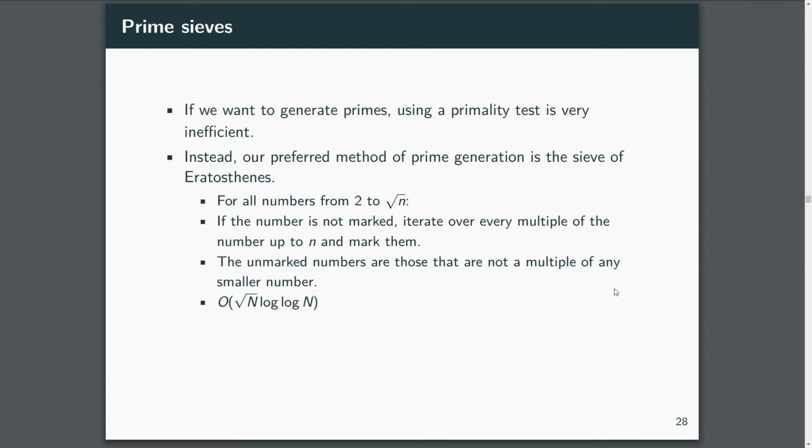The numbers which are left unmarked are those that are not a multiple of any smaller number. The time complexity of this is square root of n times the log of n.